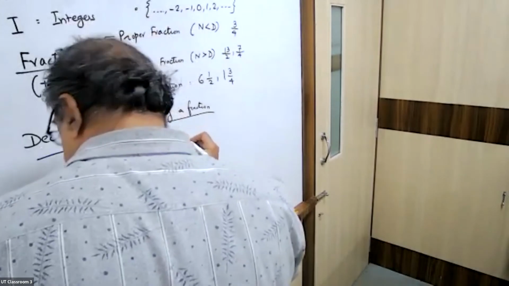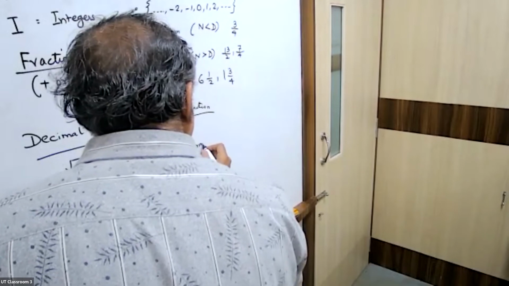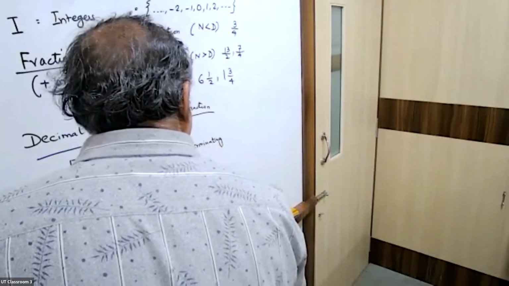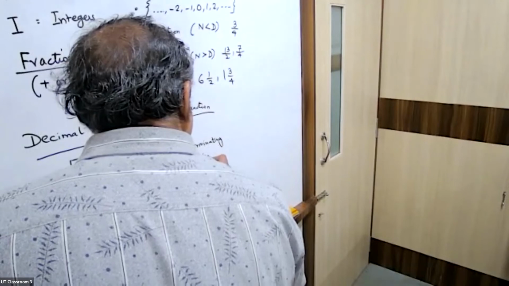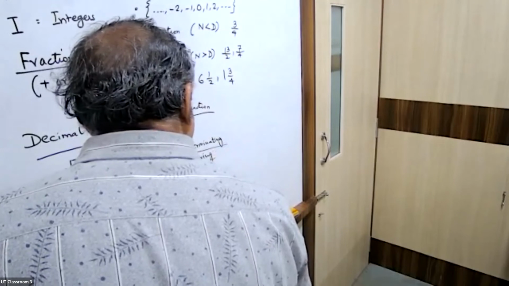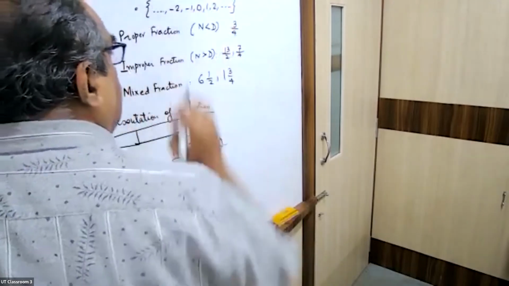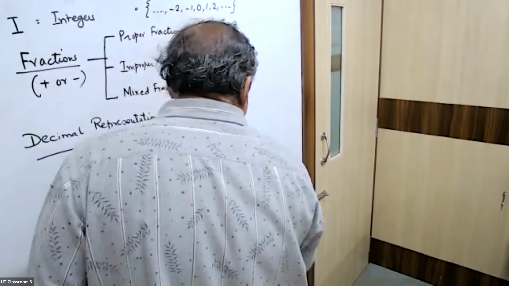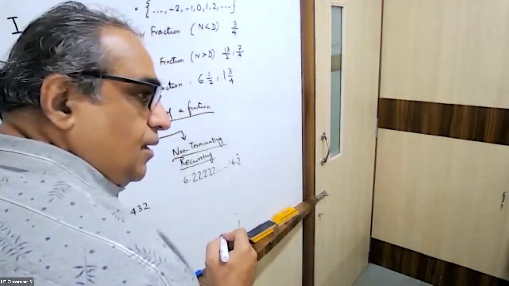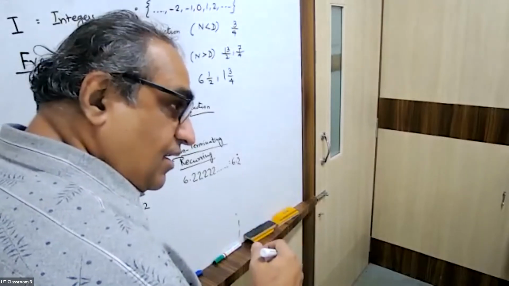Second type, non-terminating, recurring. Not terminate. 6.222222 dot. When I see these dots means they are non-terminating. So this I can write like this: 6.2 dot. That means this digit 2 is repeating again and again.